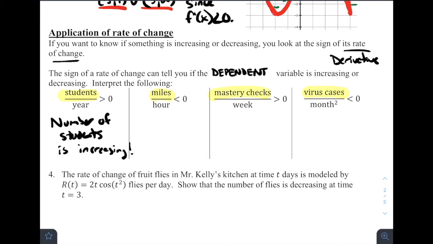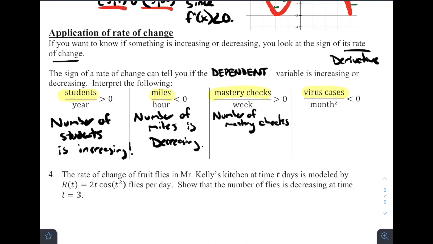If I have miles per hour less than 0, the number of miles is decreasing, because that rate is negative. Mastery checks per week is greater than 0, so the number of mastery checks, since that rate is positive, is increasing.